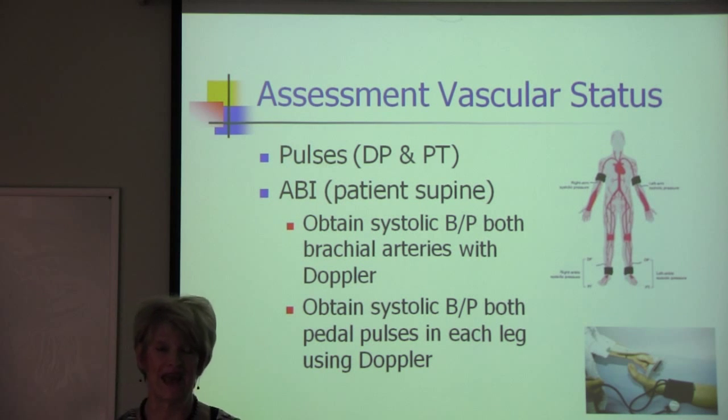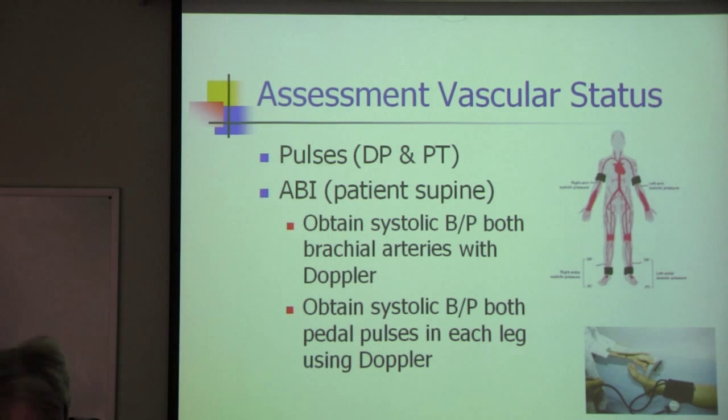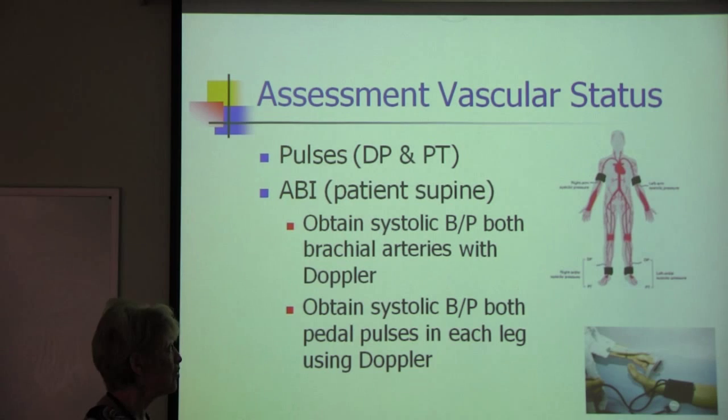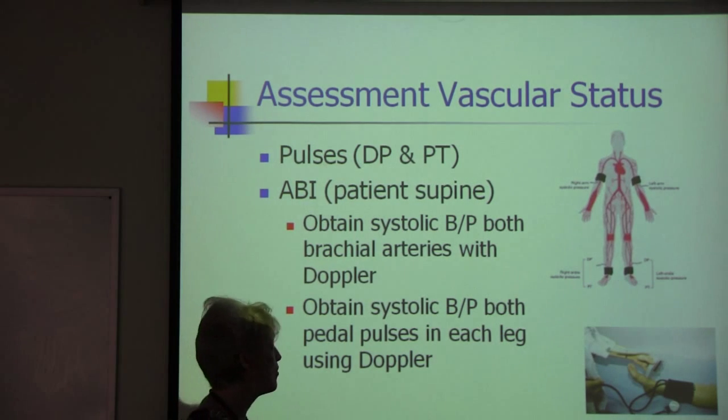Then we're going to do an ankle brachial index if we're in a setting in which that is feasible. The key elements of getting an accurate ankle brachial index are to have the patient supine and quiet for about 10 to 15 minutes before the test is done. And then, as you can see, you're going to get your systolic blood pressure at 4 points.